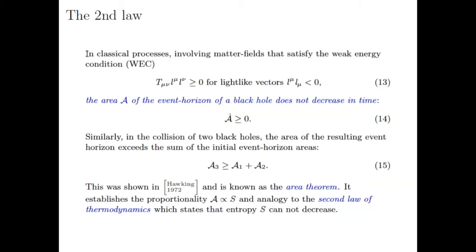But in general relativity, when you want to prove theorems, it would be tedious to go through the list of all possible matter fields and check that something is satisfied if Einstein gravity is coupled to that specific matter field. Instead, what you do is that you assume a certain property that you think is reasonable for any kind of matter field, and then you prove your result only from that assumption.